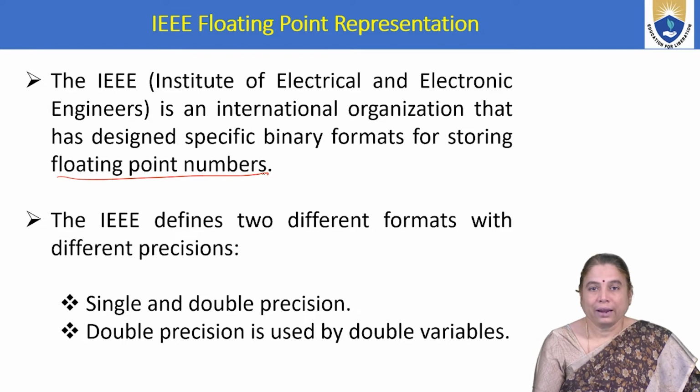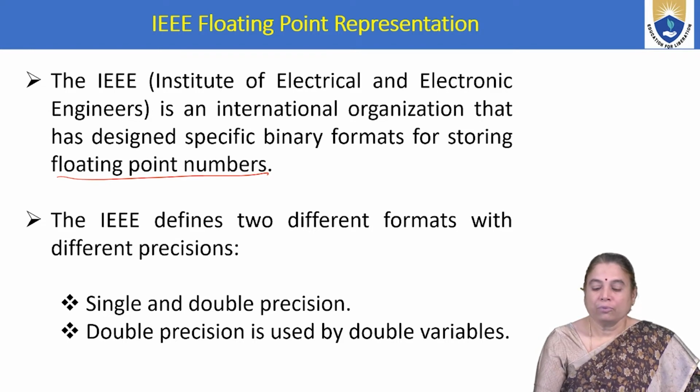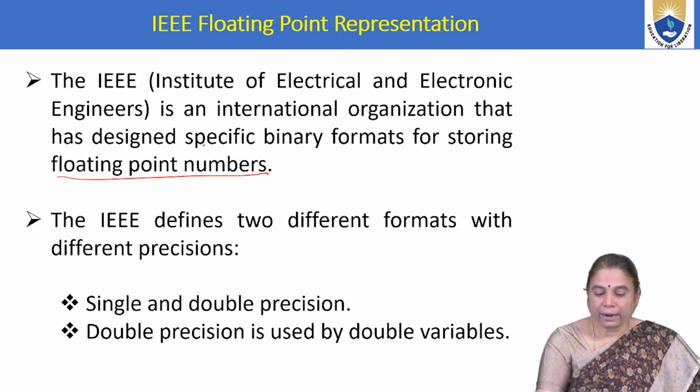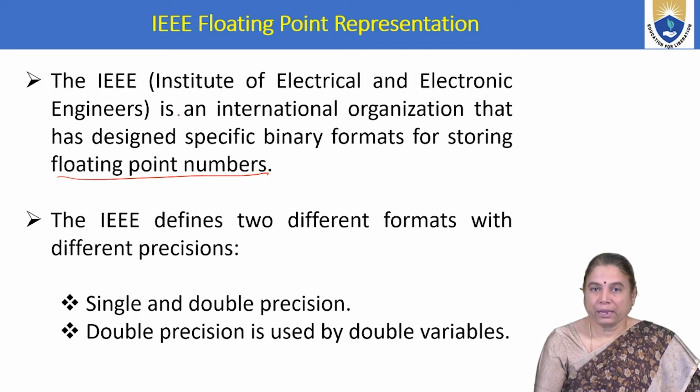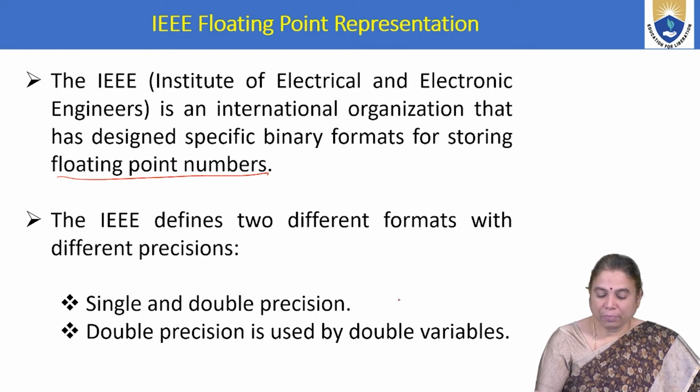The standard way of representing floating point numbers is by using the IEEE standard. The IEEE defines two different formats with different precisions. So two categories are there: single precision and double precision.